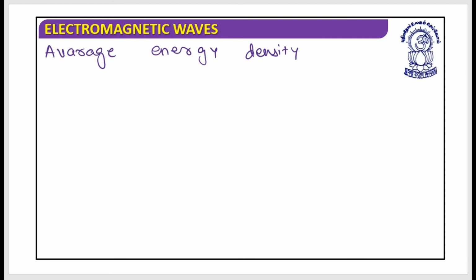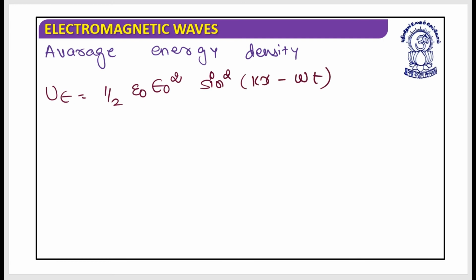So when I say average energy density, the relation I had is UE equals half of epsilon naught E naught square sine square (kx minus omega t), and the magnetic field component is half of B naught square by mu naught into sine square (kx minus omega t).